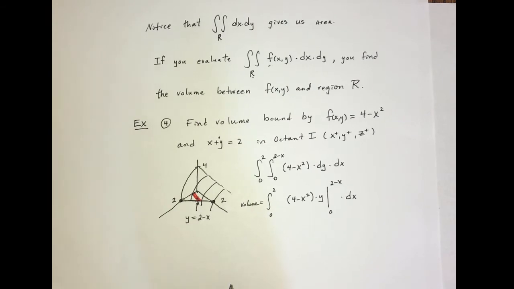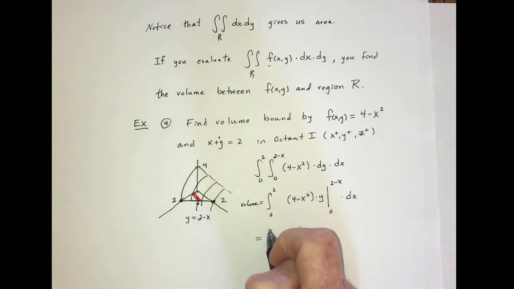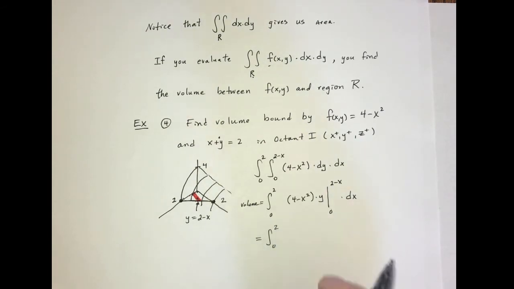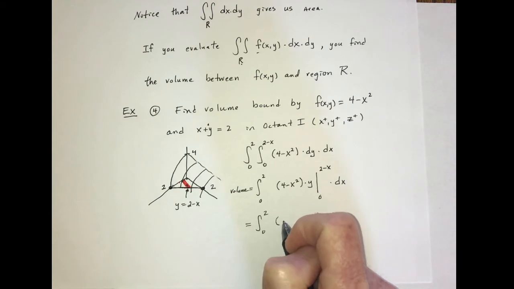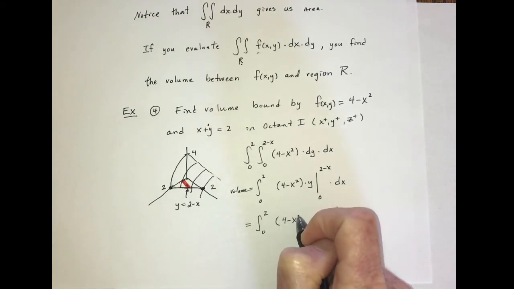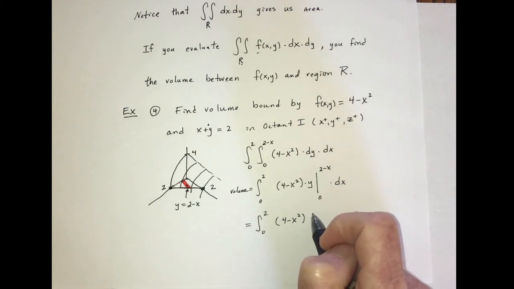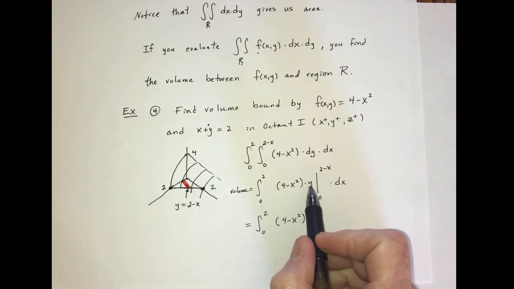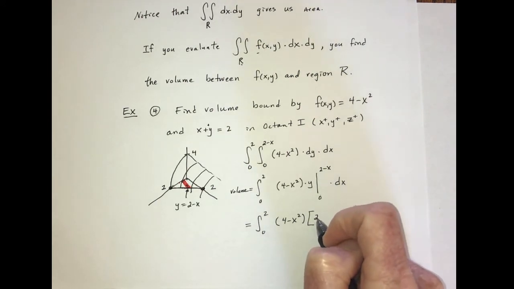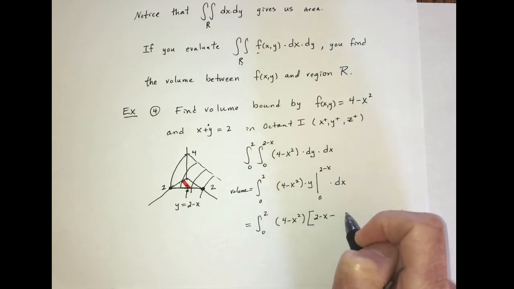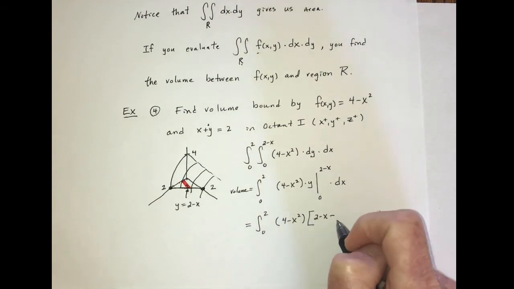All right, so we've integrated. Now substitute the two values for y. So this 4 minus x squared just stays there as if it was a constant. And then you substitute the first value, that would be 2 minus x, and then minus when you put a 0 right here.